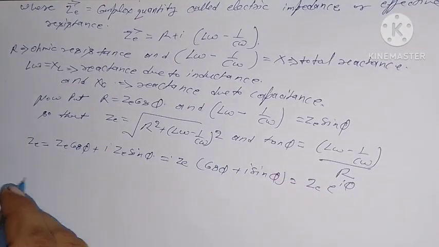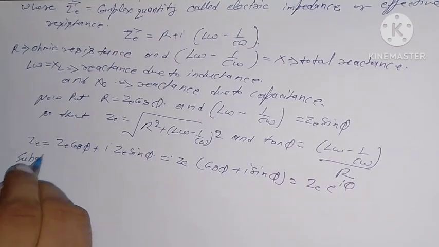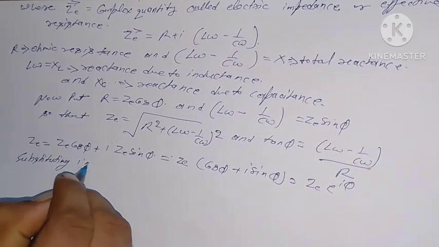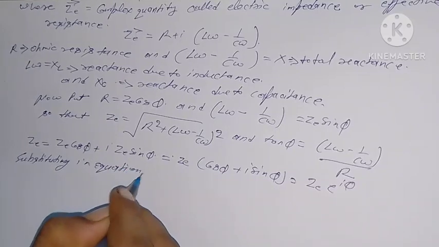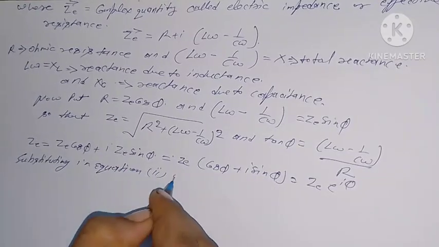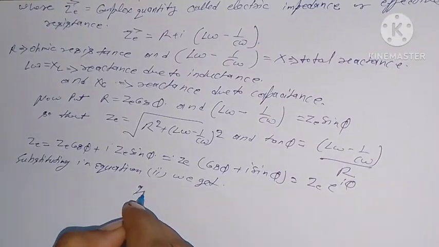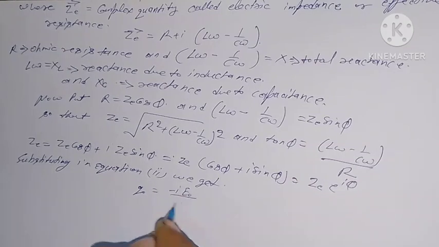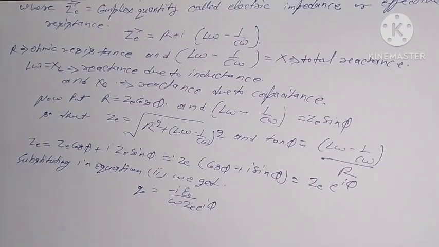Substituting in equation number 2, we get q naught equal to minus i E naught upon omega Z E e to the power i phi.